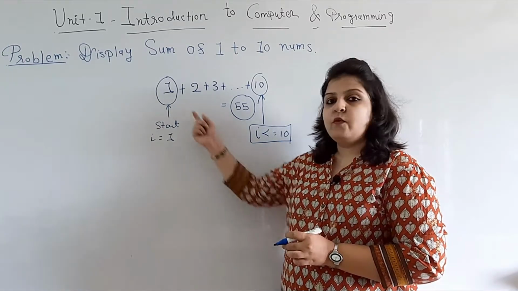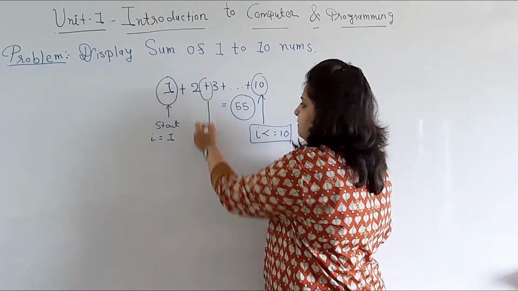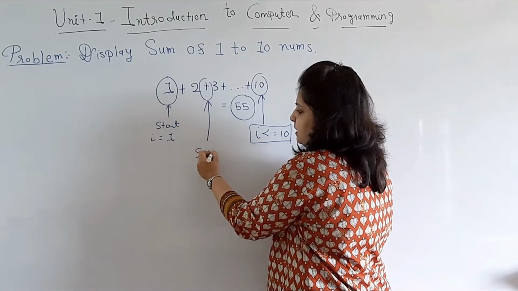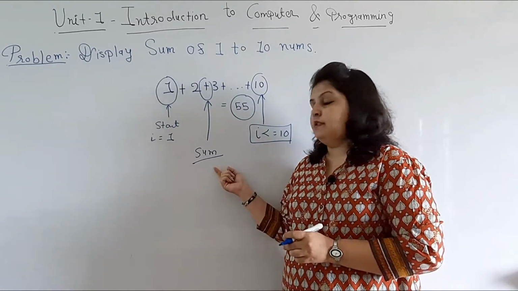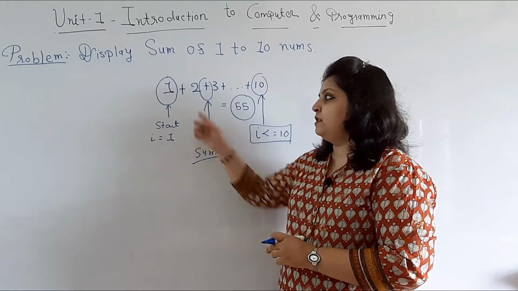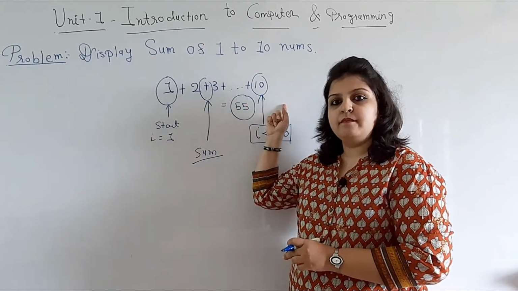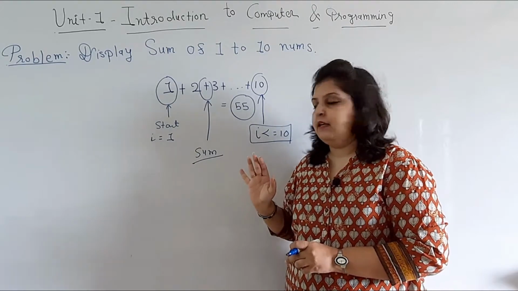Then what is the procedure? Here sum is our procedure, and this process repeats 10 times: sum of 1 plus 2 plus 3 up to 10.